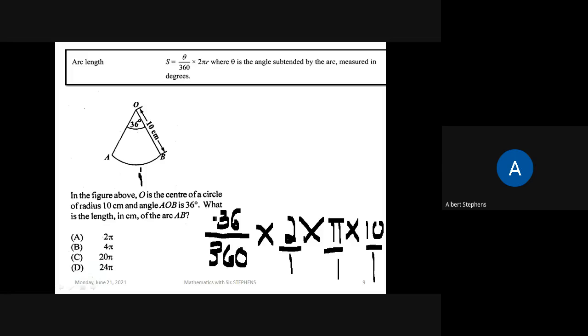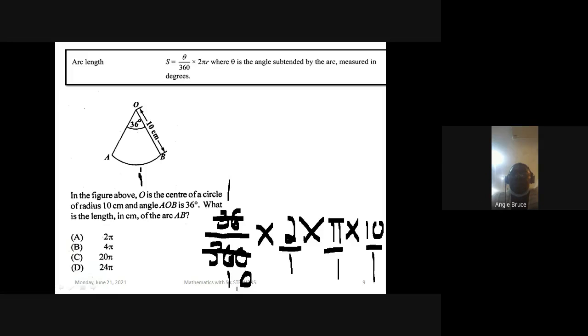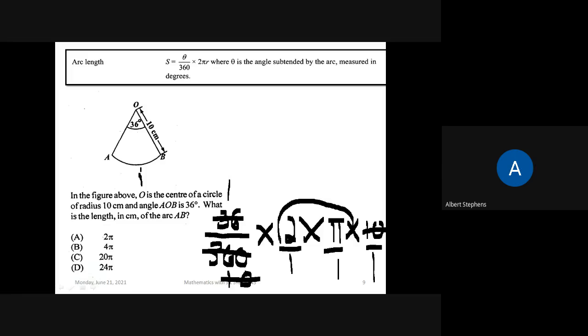So 36 into 36 goes 1, and 36 into 360 is 10. Very good. What next? I use the 10 to cancel the other 10, sir. Awesome. So that is our answer. Let me multiply. Yes, sir. That's our answer.